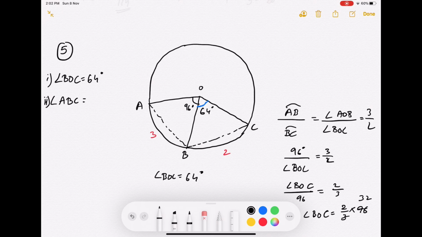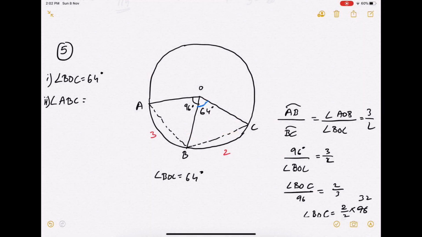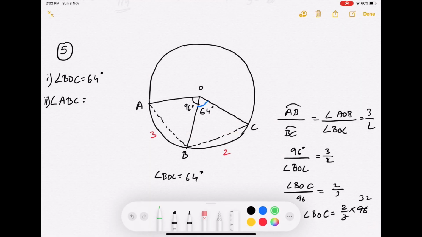Alright. Then the second part is finding out what angle ABC is. ABC is over here. Now before finding ABC, let me split this into two angles, angle ABO and angle OBC.